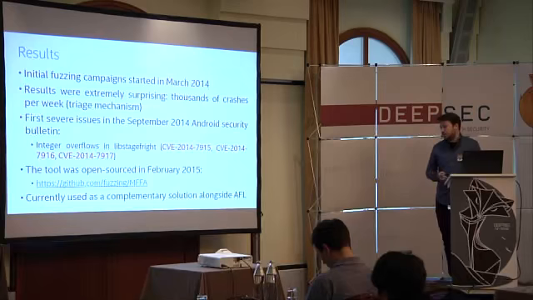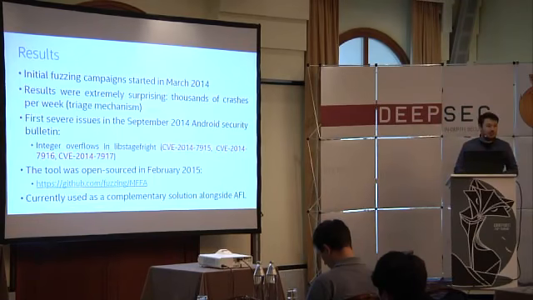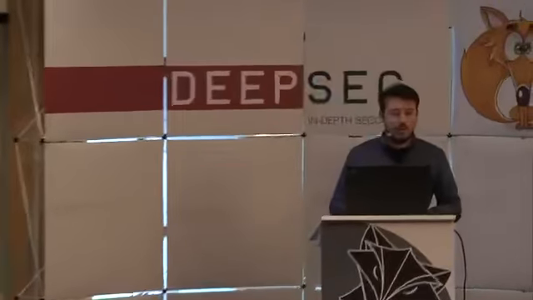The tool is publicly available on GitHub. You can take a look at it. But actually we are not really using it for its initial purpose. We are now using it as a complementary solution alongside the American Fuzzy Lop tool. I'm going to explain a bit more about this in a following section of the presentation.